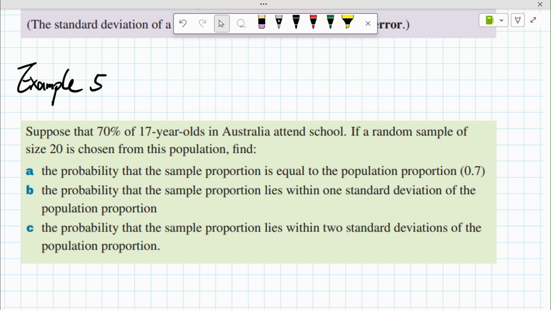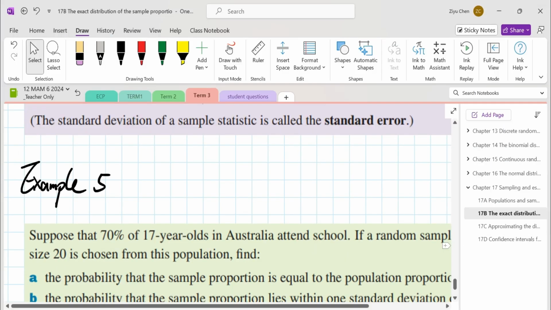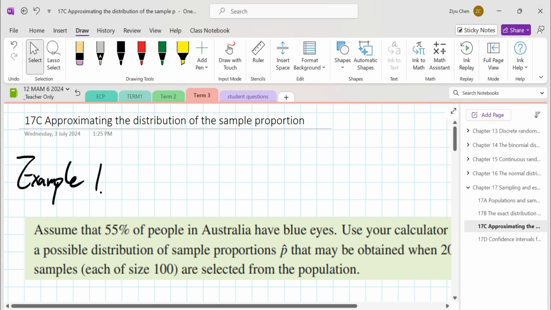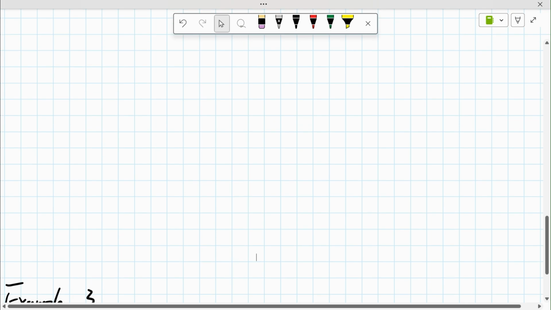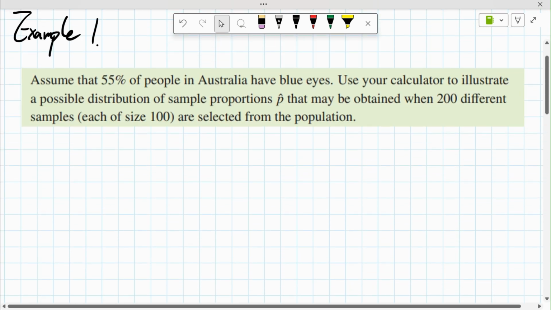So basically, this is all you need to know from 17b. And in the next chapter, we're going to talk about the approximate distribution of the sample proportion. We're going to do these questions together, and then we're nearly finished.